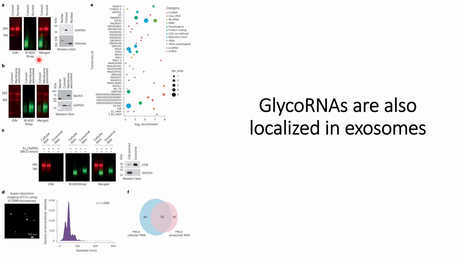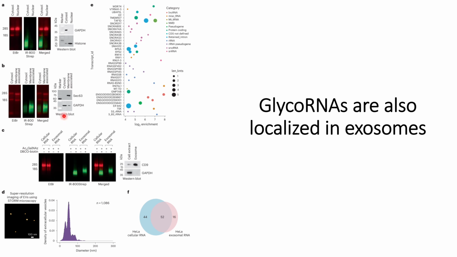Thereafter, once they found that the GlycoRNAs are present in the cytosol, they further fractionated the cytosol into the soluble cytosol and the membrane-associated cytosol. In this case, they saw that most of the GlycoRNAs are found in the membrane-associated cytosol, and some of them are found in the soluble cytosol.